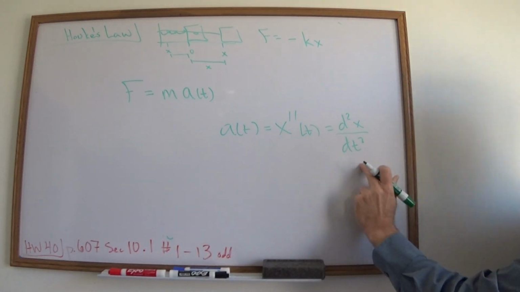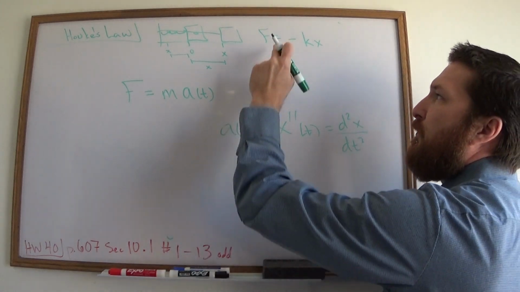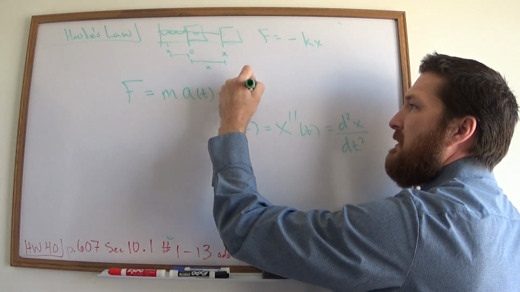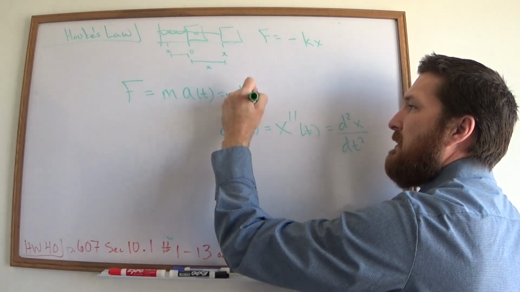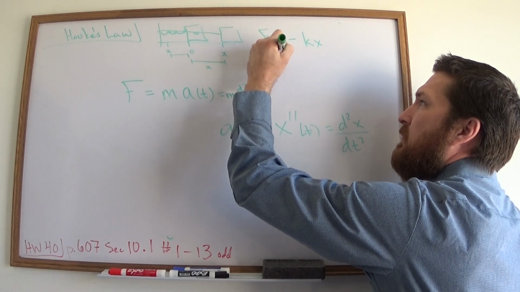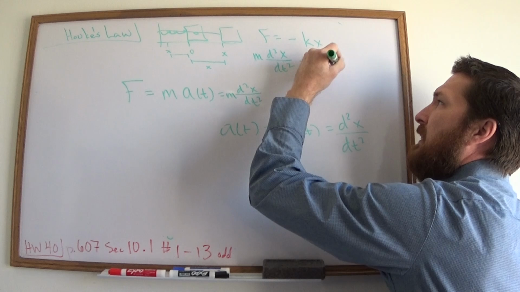That means the same thing, right? It's just a fancy way of writing the second derivative. And so the force is equal to mass times acceleration, which gives us mass d squared x dt squared equals negative kx.